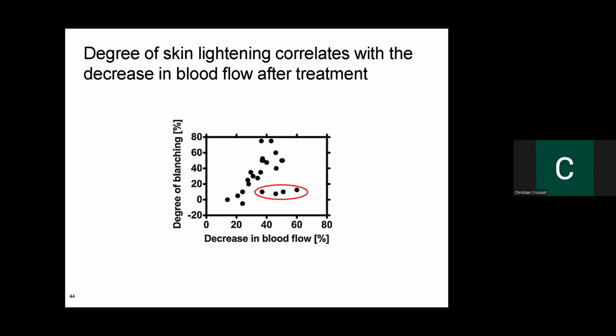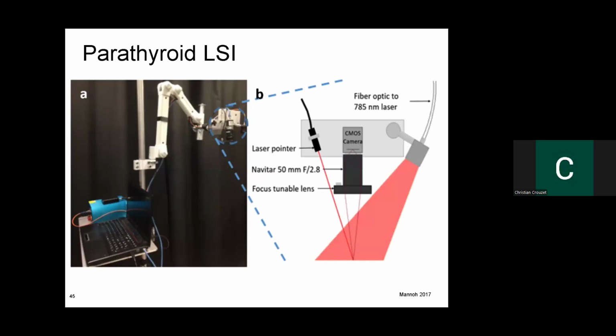The exact reasoning was unclear, but going back to the different pathways that can occur due to the coagulation, maybe these subjects had more angiogenesis following treatment than the ones that did respond quite well.